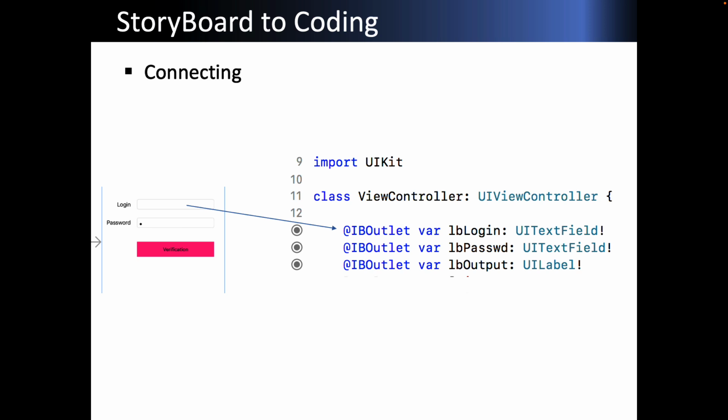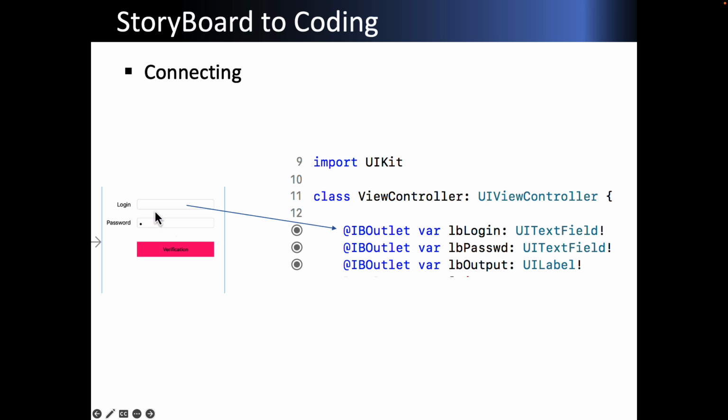They don't know each other, right? You need to connect them. So from the views, if there are components that you want to deal with in your coding, then you need to connect to them.